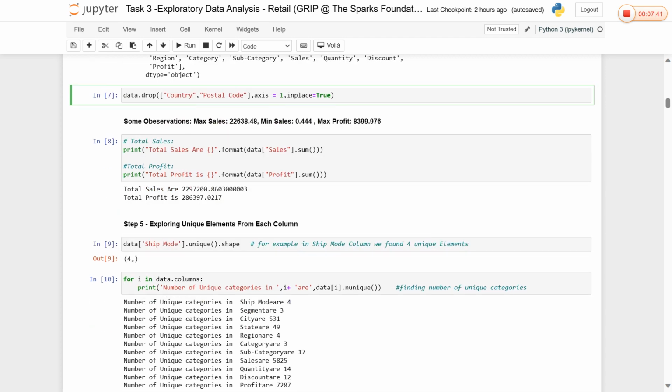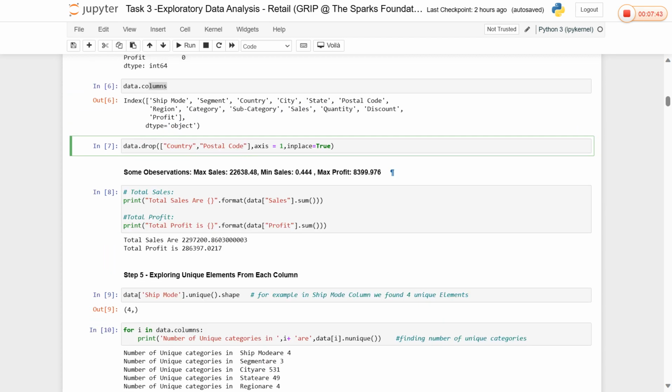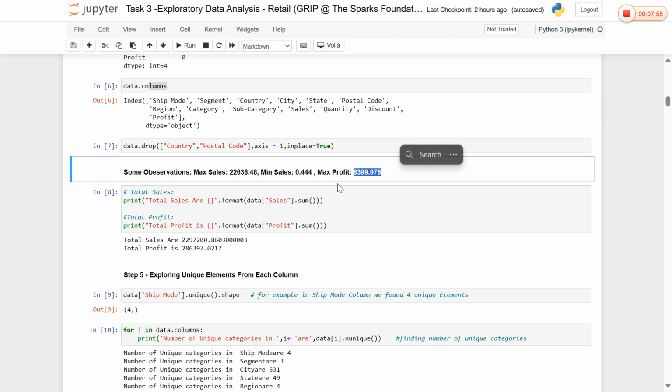Now some observations we have found here: the maximum sales is 22,638.48, and the minimum sale is 0.004. The maximum profit we have found is 8,399.976. It may be in dollars, it may be in rupees as per your country code.